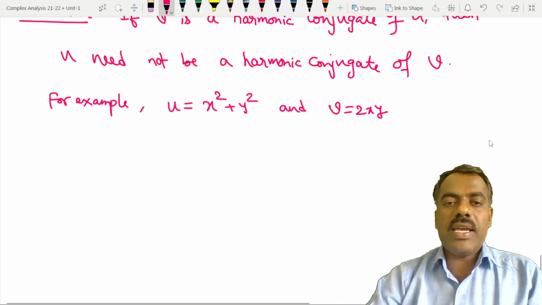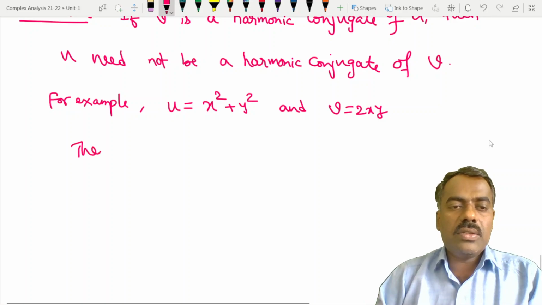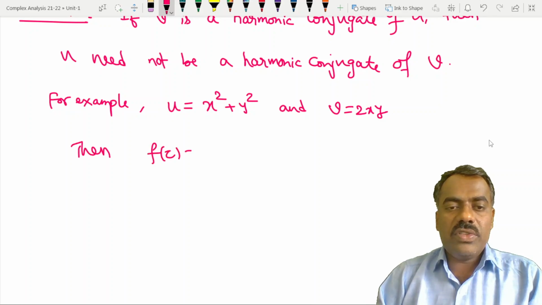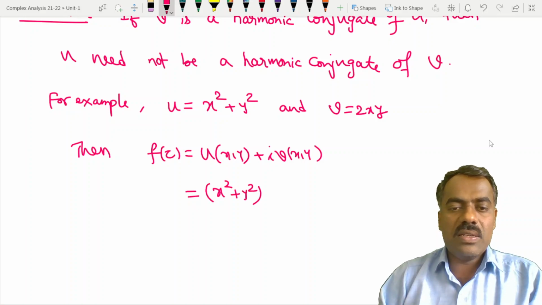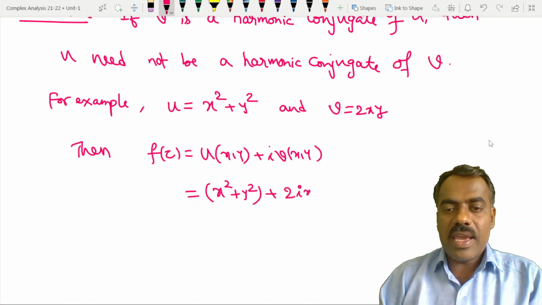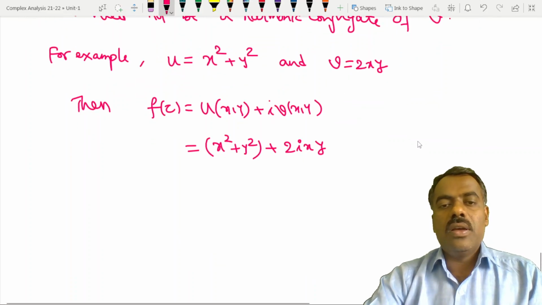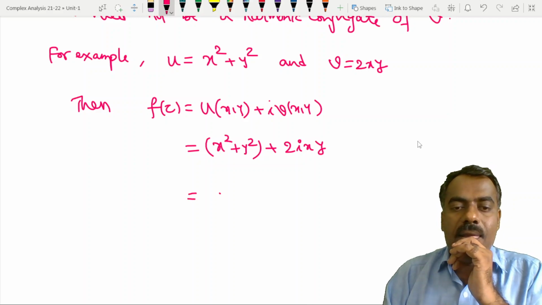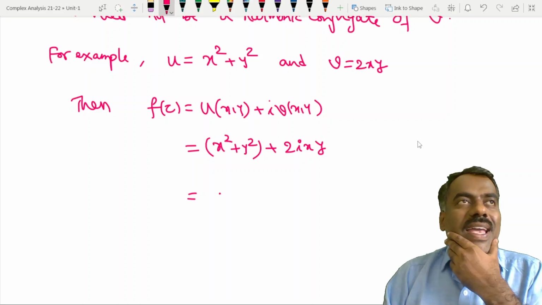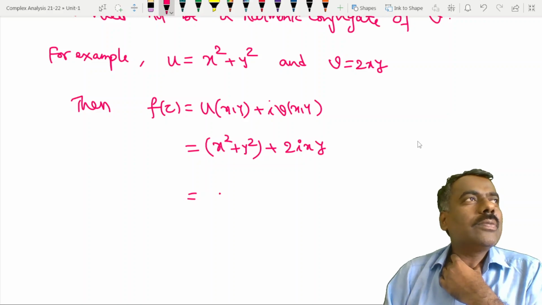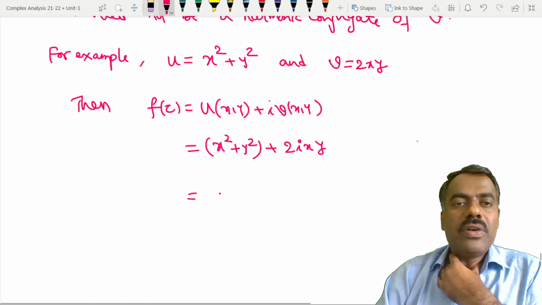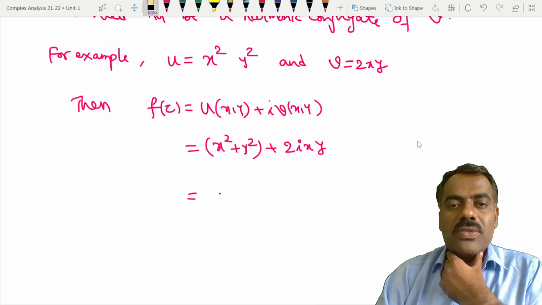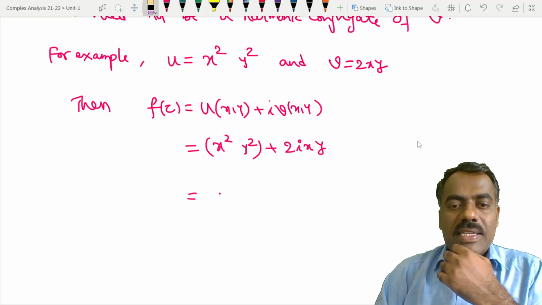Then f(z) = u(x,y) + i v(x,y) = x² + y² + 2ixy. What will this become? (x + iy)², so we take here x² − y², this you take as x² − y².